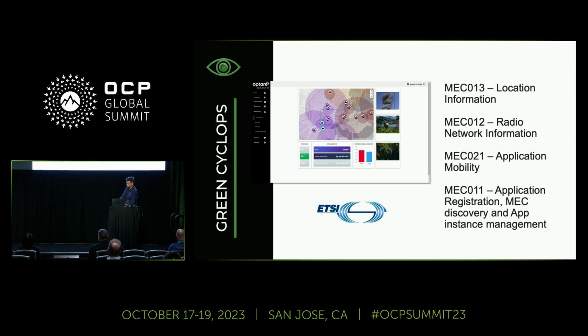In another one, we are taking how to use 5G connectivity to process video streams. And in another one, the inclusion of different kinds of sensors or IoT hubs for smart agriculture. We are using different APIs from ETSI, like location information or radio network information, or the APIs for registering the applications we deploy at the edge.